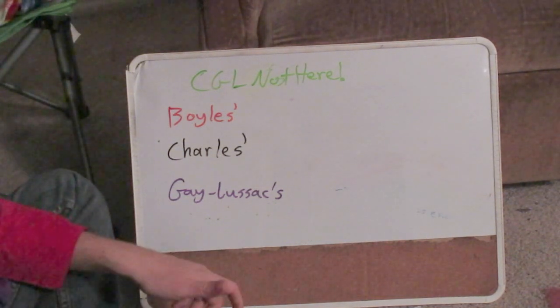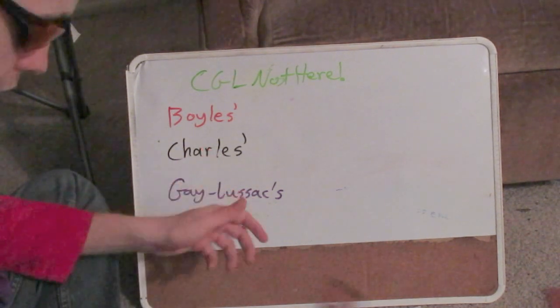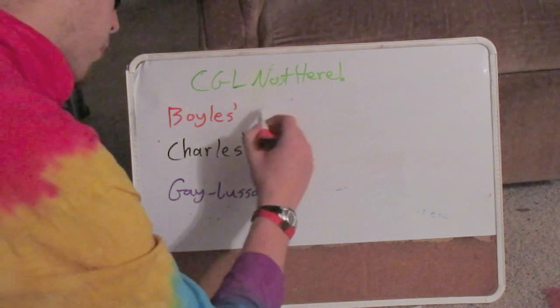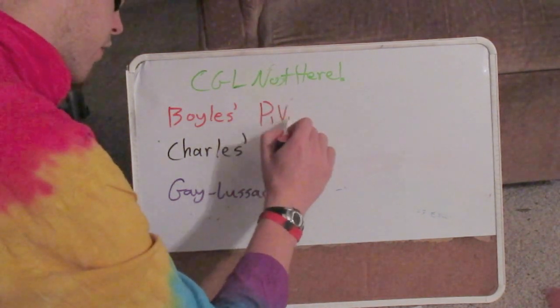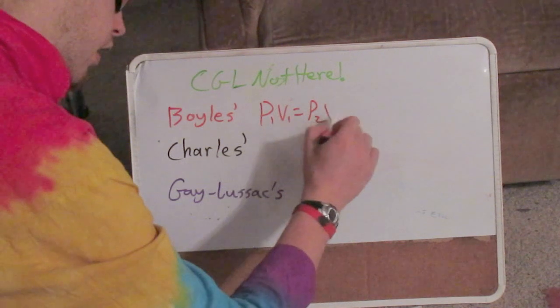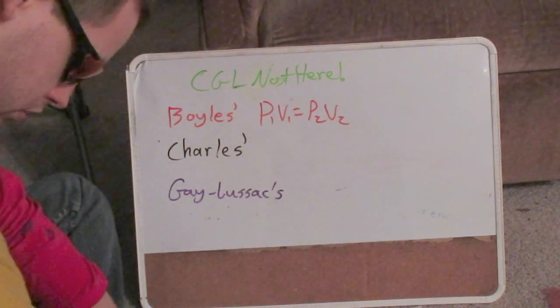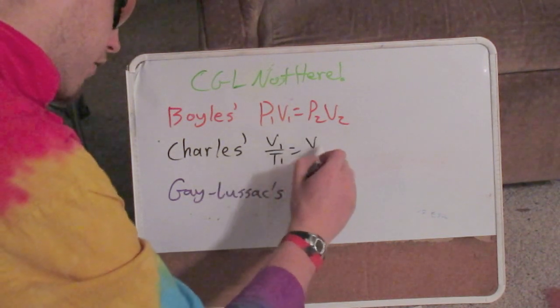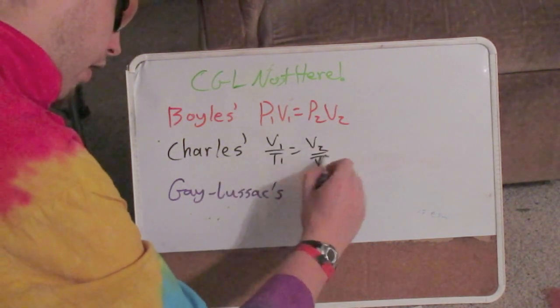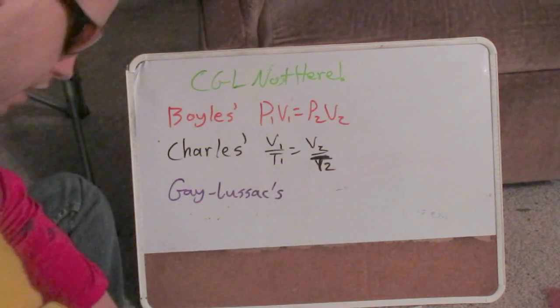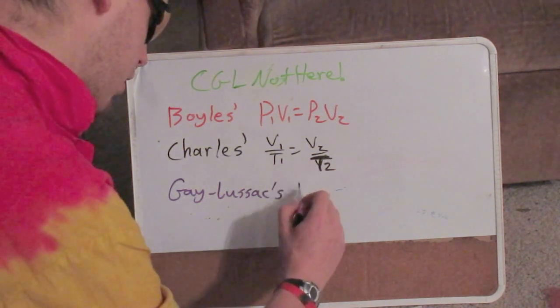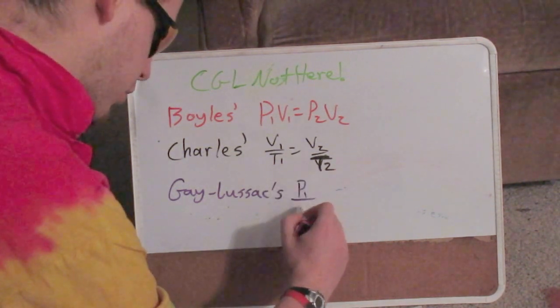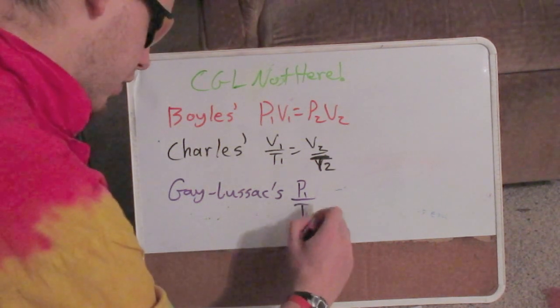Again, it is very important that you know these equations because they're very, very, very helpful to you. Again, Boyle's, potatoes violently. Charles watches TV. And Gay-Lussac's, well, he drives a PT Cruiser, or he physically trains.